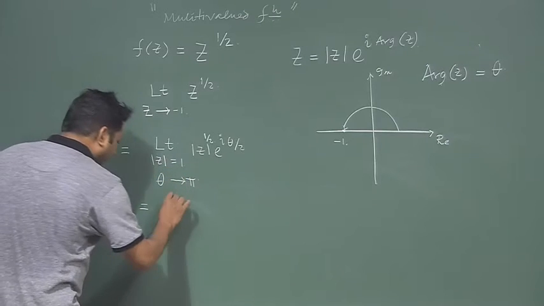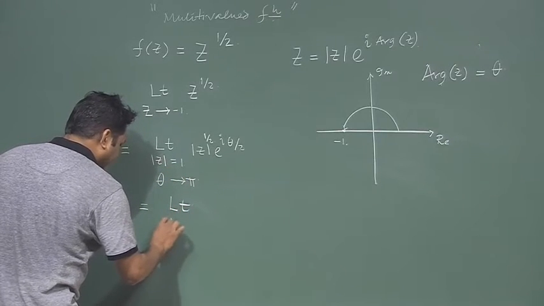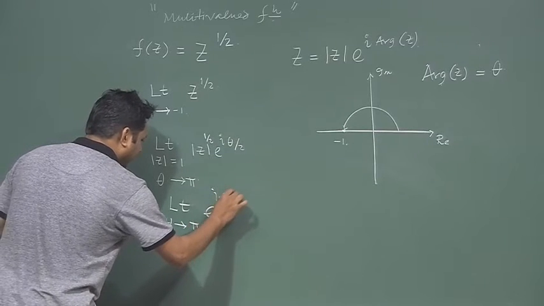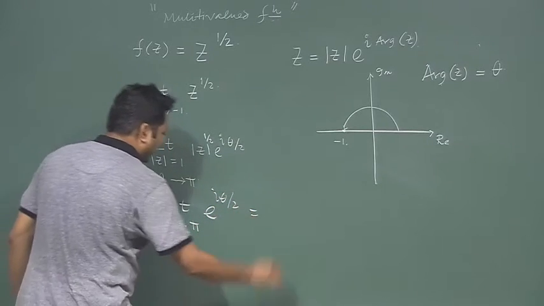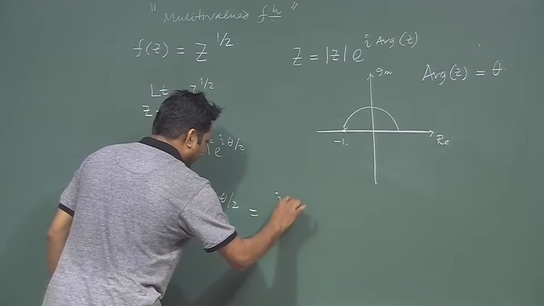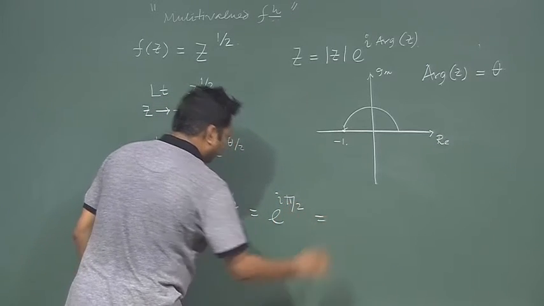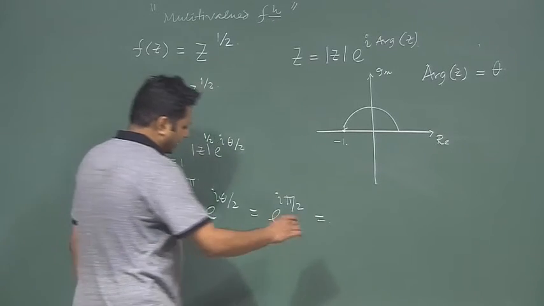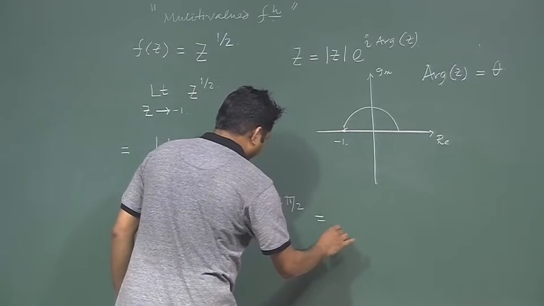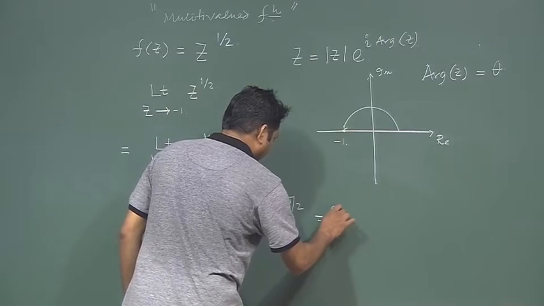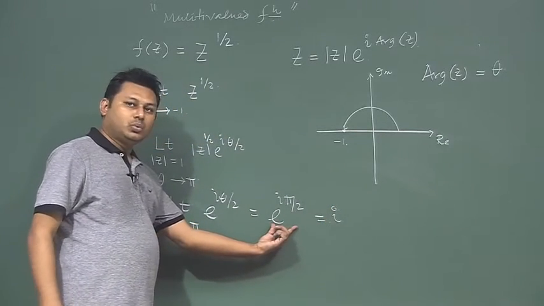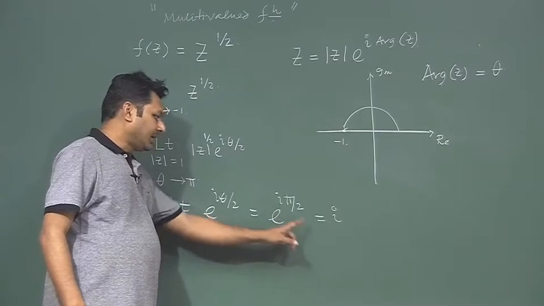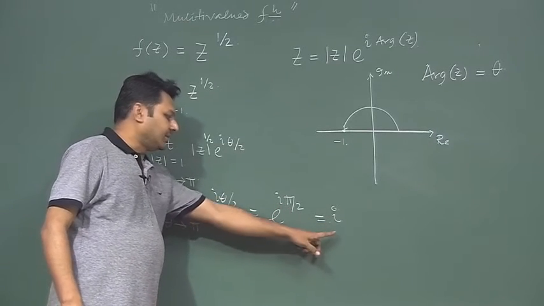So, it is simply the limit as theta tends to pi of e to the power i theta by 2, which is e to the power i pi by 2, which is, because cos pi by 2 is 0 and sin pi by 2 is 1, i. So, here it is i.